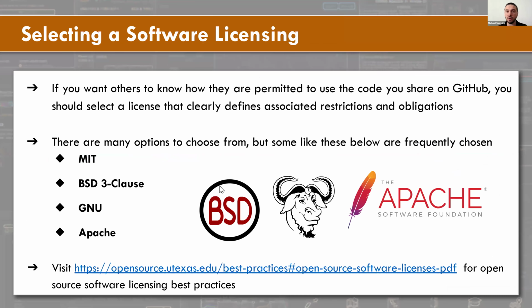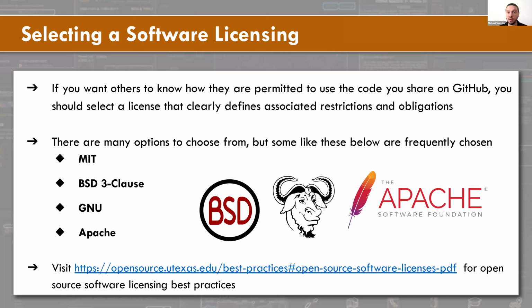As you are starting to publish your software projects to a GitHub repository, you are not forced to choose a software license, and you might think that not assigning a license is a good thing, right? That you're not encumbering your code in any way, but it's actually the opposite. If somebody doesn't know how your code is licensed, they could be getting themselves into trouble potentially by using it, right?